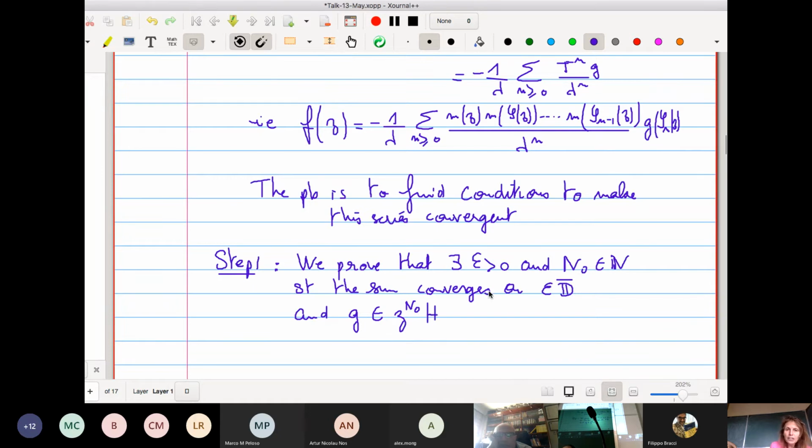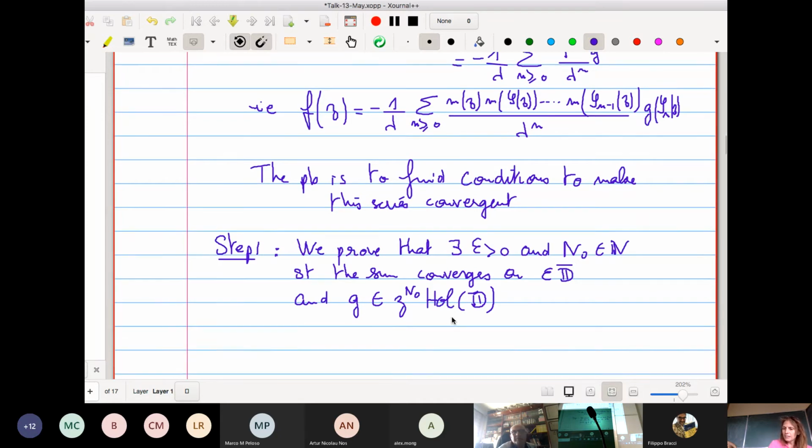So in other words, we can make it converge in a small neighborhood of 0 and for special g. So it's not for any g, but for the g in this space.